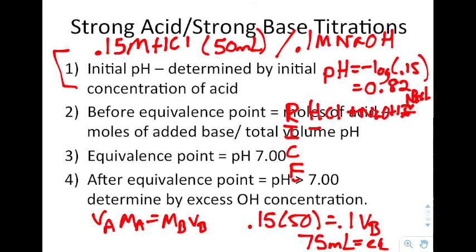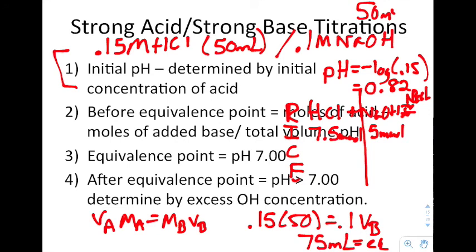So I have 7.5 millimoles of HCl. Next, pick a volume. If it's before the equivalence point, let's say it's 50. If I have 50 mL, that means I have 5 millimoles of NaOH.